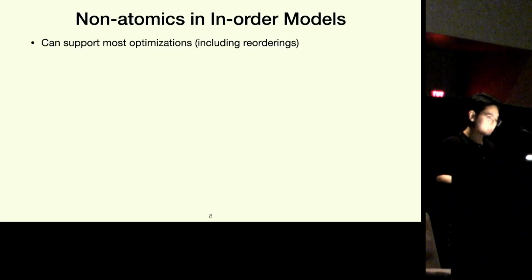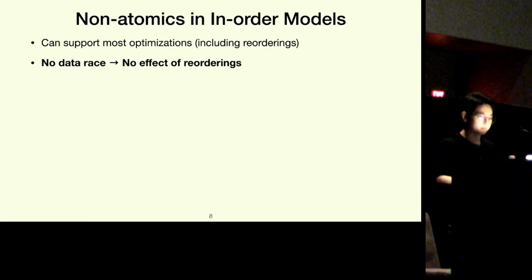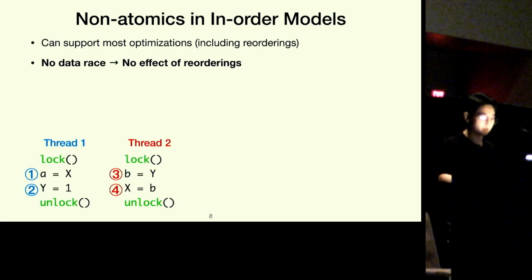For non-atomic accesses, in-order memory models can support most optimizations, including instruction reorderings. Roughly speaking, this is possible because when memory accesses are race-free, then the effect of reordering is not externally visible. Let me explain this intuition using a simple example where all instructions of the two threads are protected by a lock.